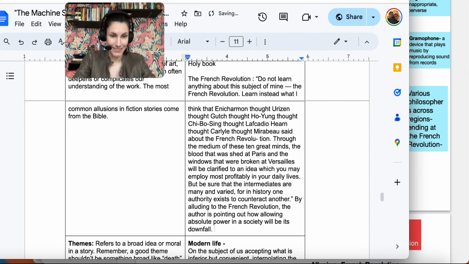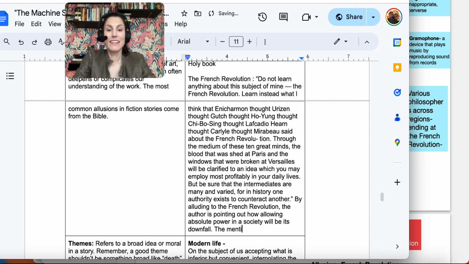That's part of it, right? Because the French Revolution was this all-powerful king messing with all the people, making their lives not good. They weren't thriving, right? They were barely surviving. So we can say the allusion is saying, don't learn by alluding to the French Revolution. The author is pointing out how allowing absolute power in a society will be its downfall.